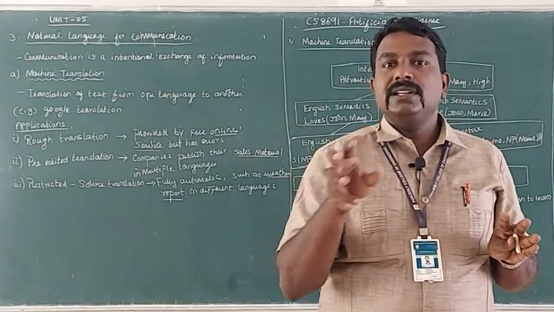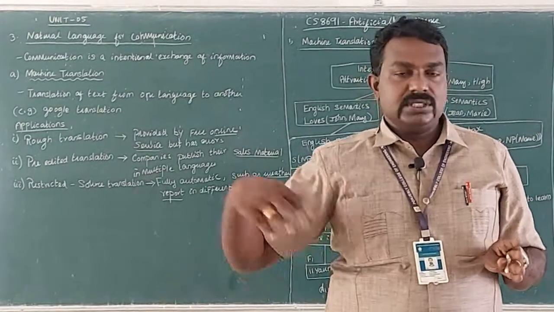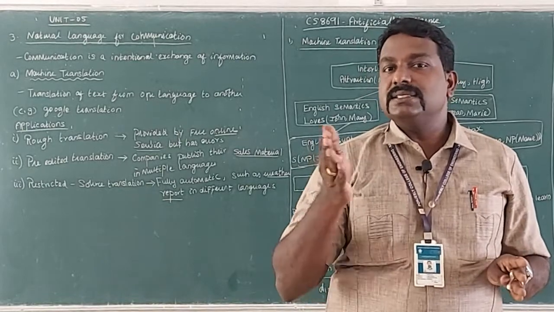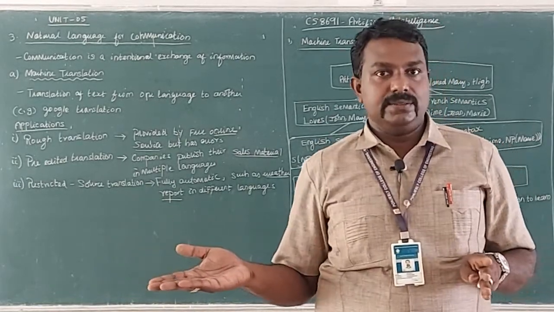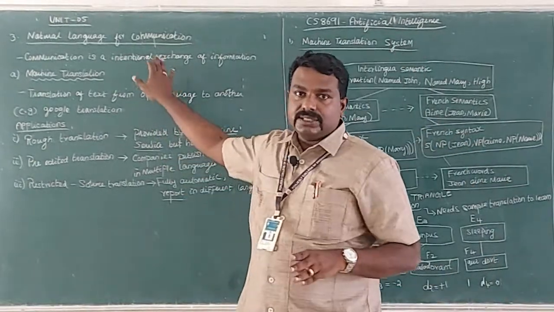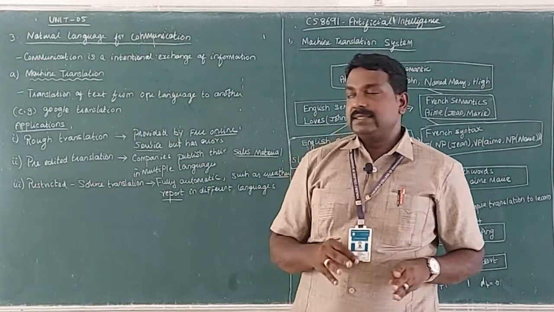When you type a word in Tamil, you can convert that into English or some other language, even Hindi. Even when you speak, it recognizes and translates from one language to the other. That is a good example of machine translation. The best example for machine translation is Google Translate.